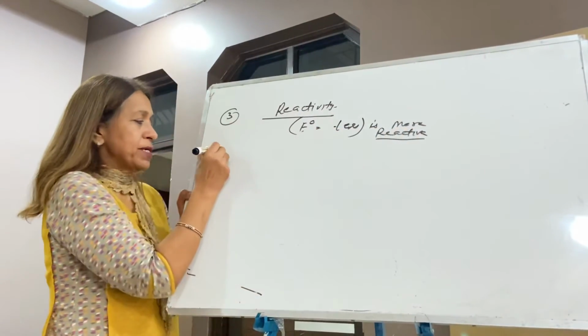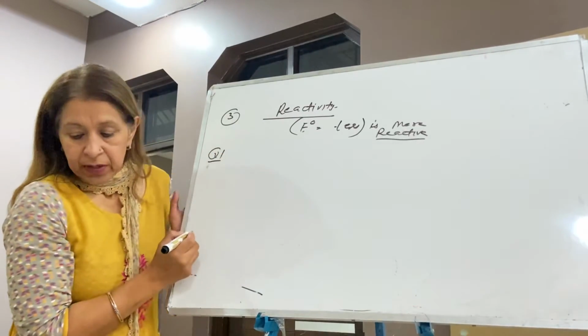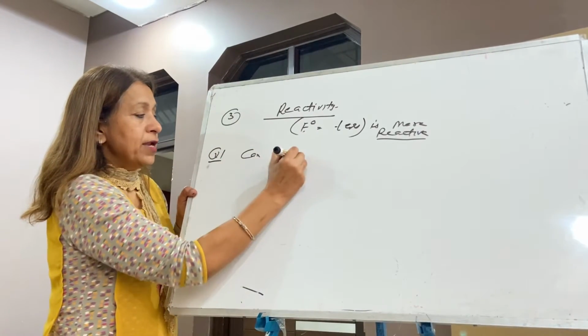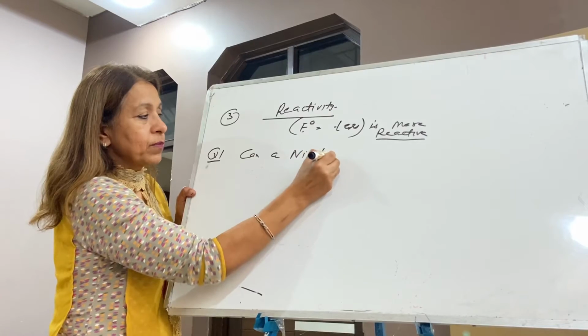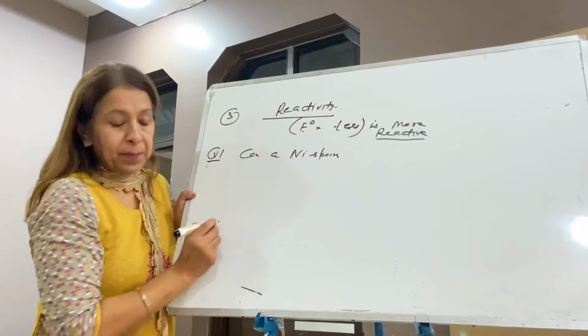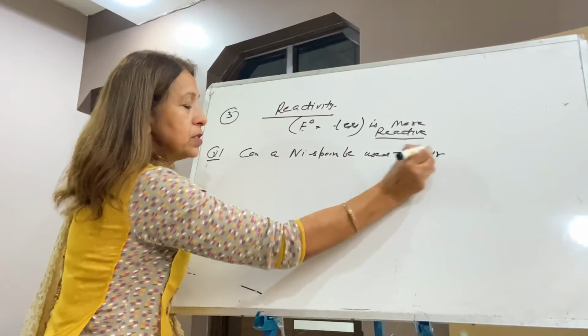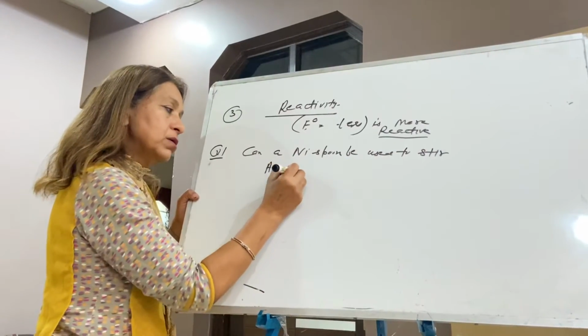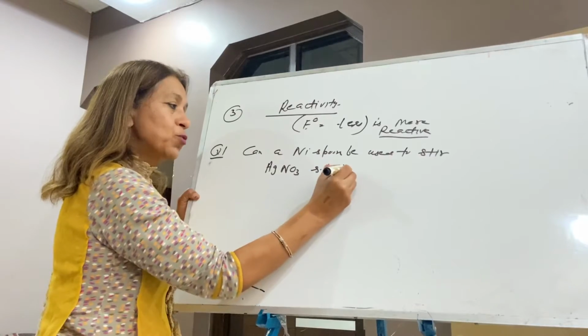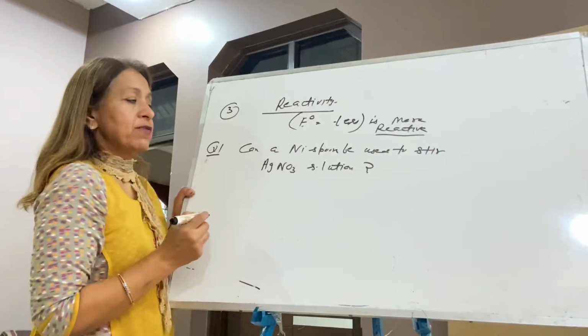So I am taking a question based upon it. Write down the question: Can a nickel spoon be used to stir silver nitrate solution?